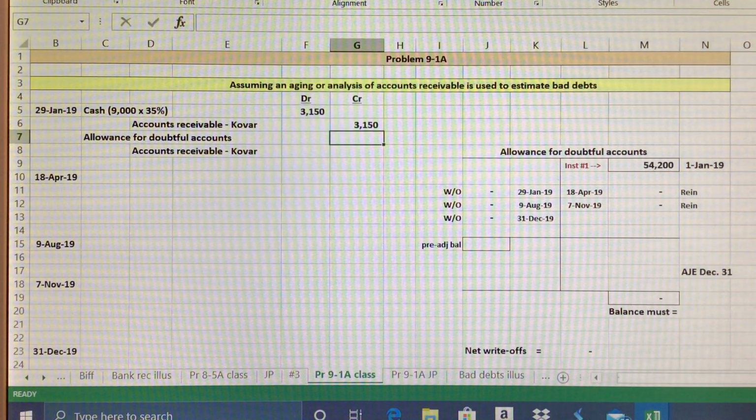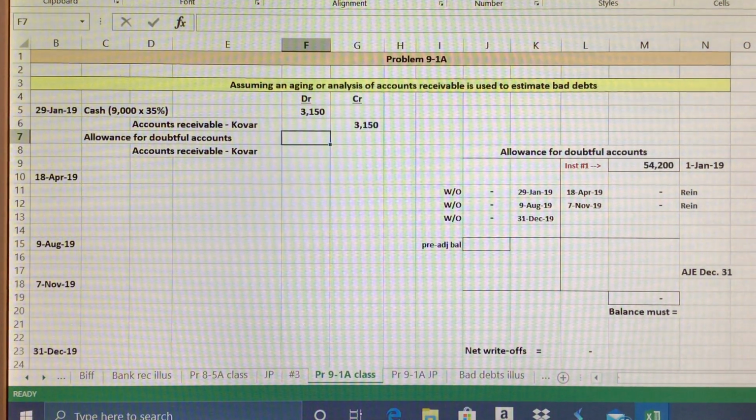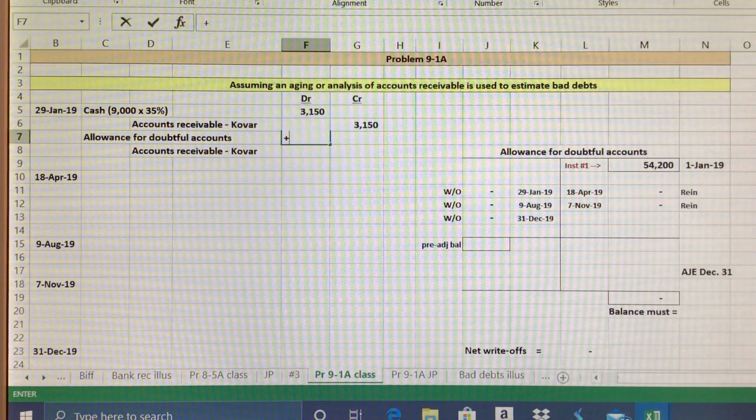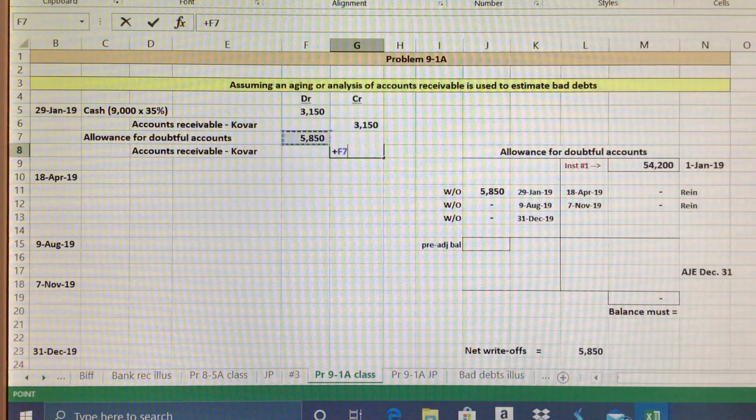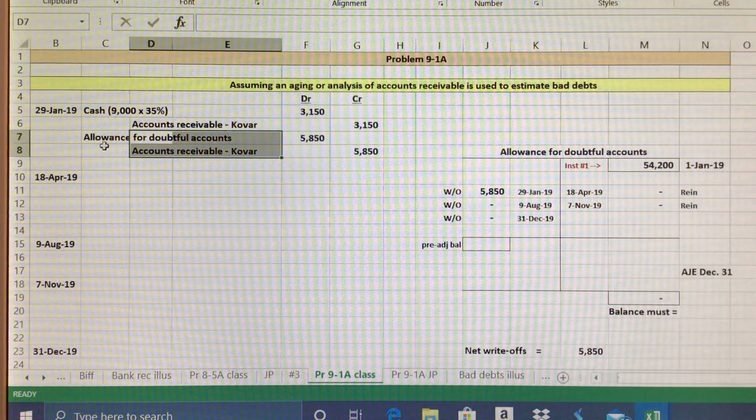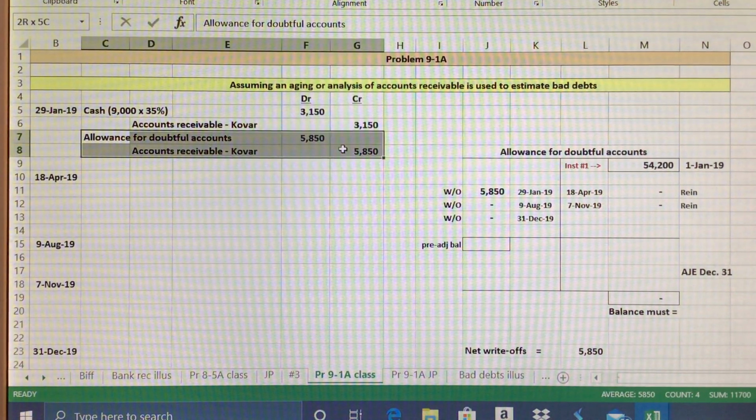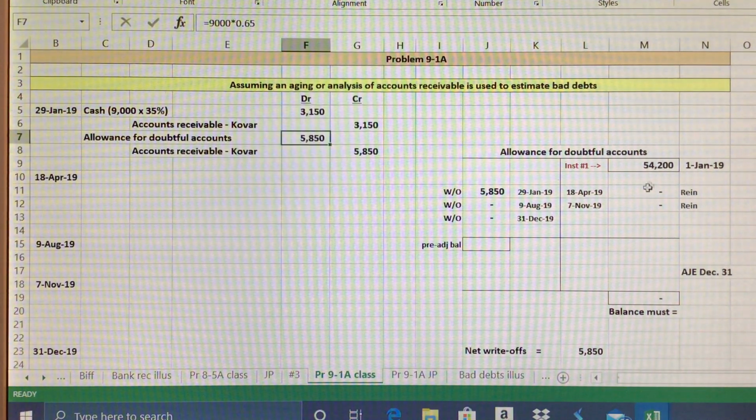And the rest, the balance of that receivable, is going to be a write-off. So that's going to be 9,000 times 0.65, which is the complement of 35. These 2 numbers should add up to $9,000, and it looks like they do. And there's our first write-off entry in this problem. We wrote off the balance $58.50.